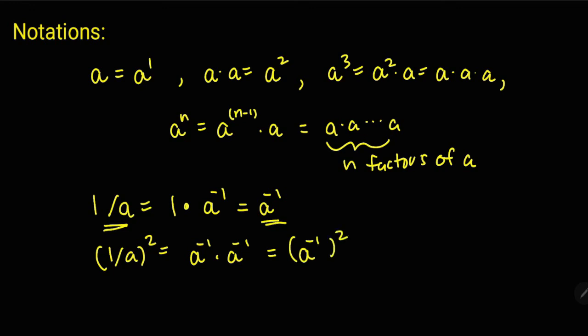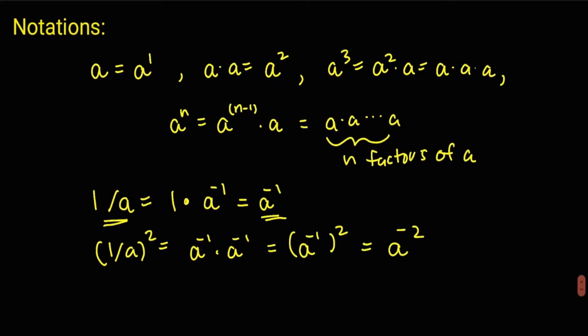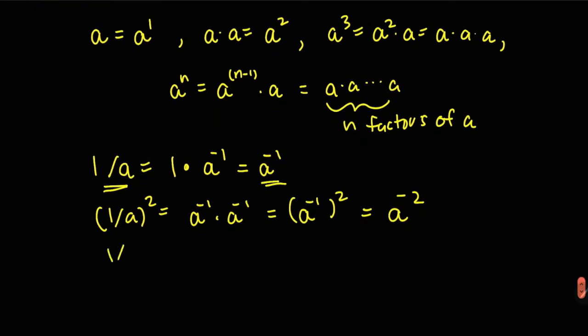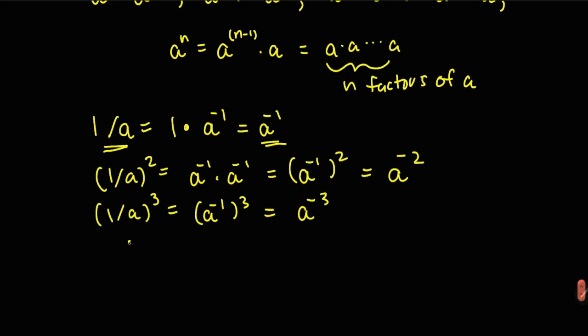Now, following the laws of exponent, this can be written as a to the negative 2. Similarly, if we want to write 1 over a cubed, then we have a inverse cubed. Following again the laws of exponent, we have a to the negative 3. And so on. So, 1 over a to the n is the same as a to the negative n.